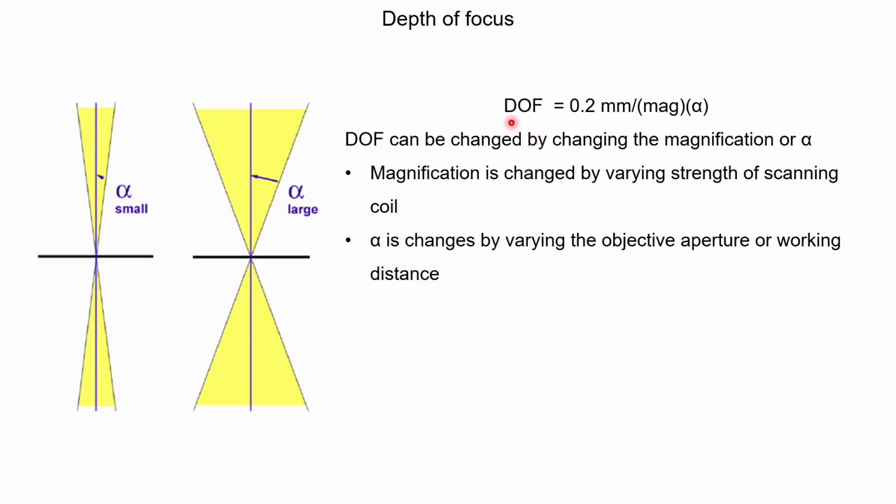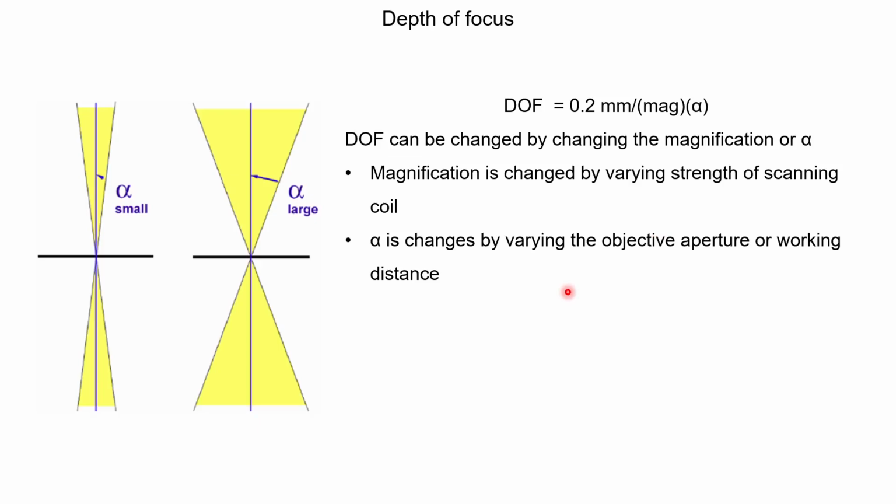So basically this depth of focus has one formula, which is given as 0.2 mm divided by magnification and alpha, where mag is the magnification and alpha is the convergence angle. So depth of field can be changed by changing the magnification or by changing the alpha. The magnification is changed by varying the strength of the scanning coil.